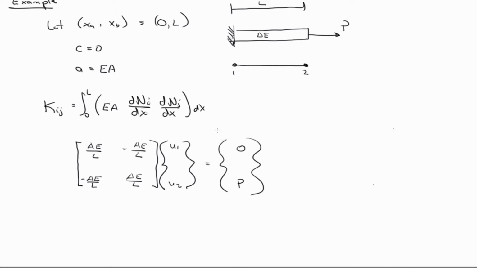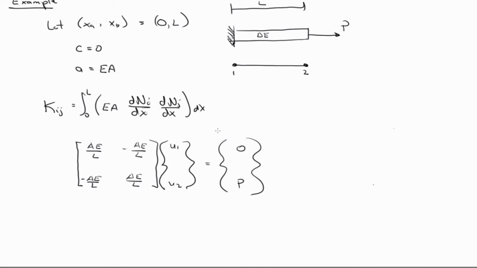So if U1 were 5, then in row 2 of the stiffness matrix, you would have to put in the first column a 0. So he means K1, K2, 1 would be 0. But in our case, it doesn't matter because U1 is 0 anyway.